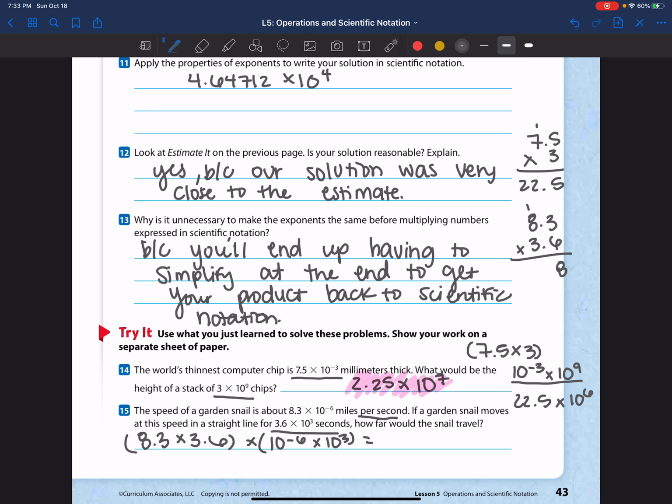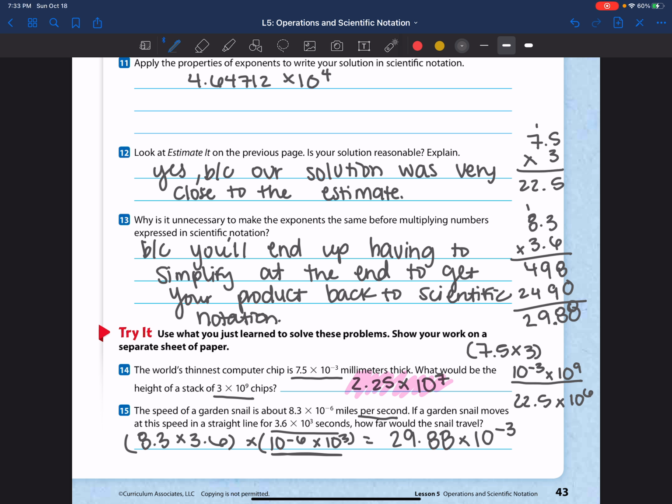You have your 18 and 49, 9 and 24. 8, 18, 9, and 2. And 2 digits behind our decimal. Times 10 to the negative 3rd. Because when I'm doing it here, I'm using the product rule. So I keep my base the same and add my exponents.